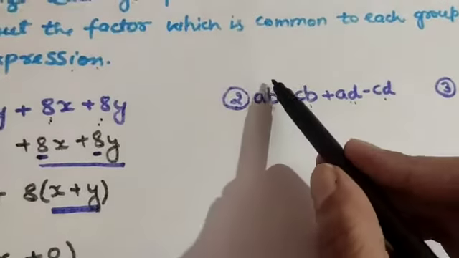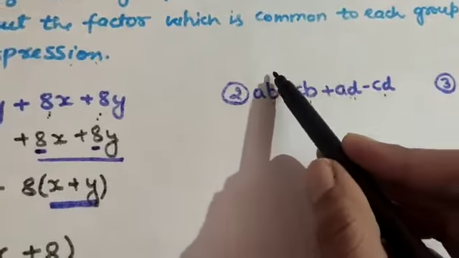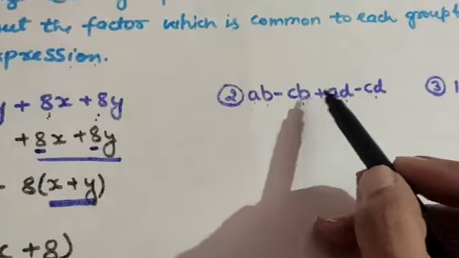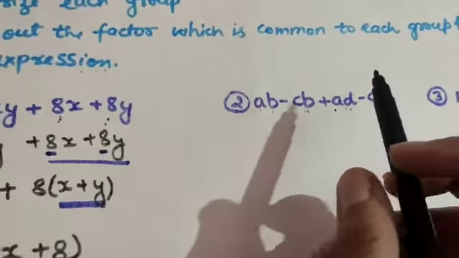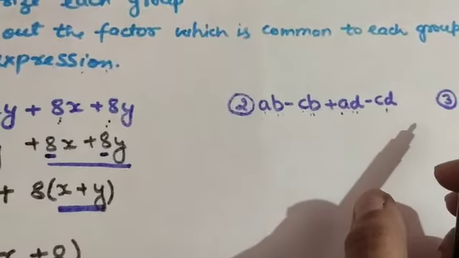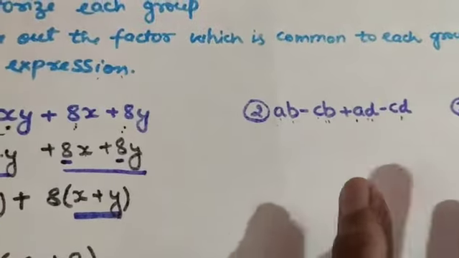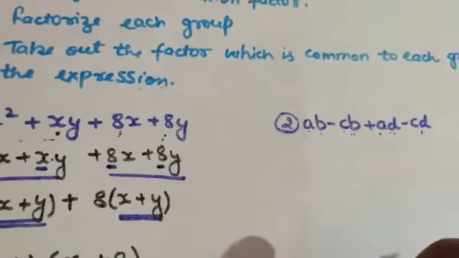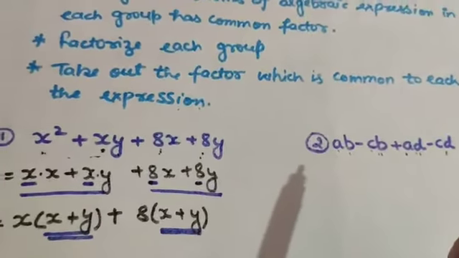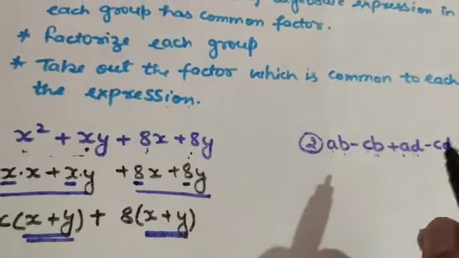You can take the first and third terms also because A is common, and the second and fourth terms because minus C is common, but it doesn't affect the answer. The answer will remain the same. So you can group the terms as you want, but remember that each group must have a common factor.